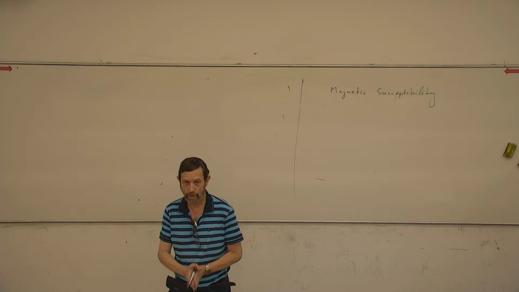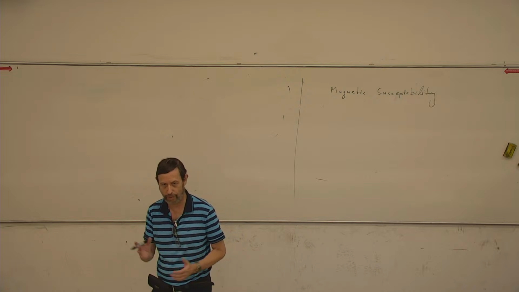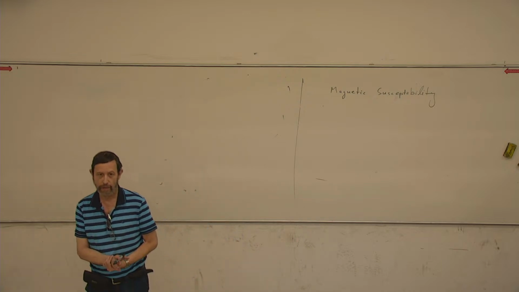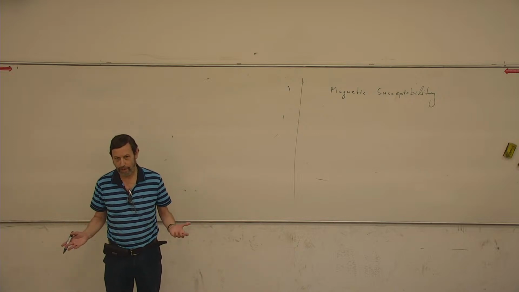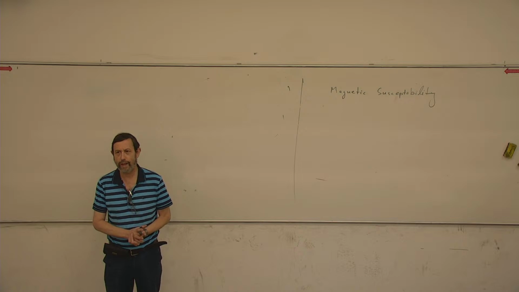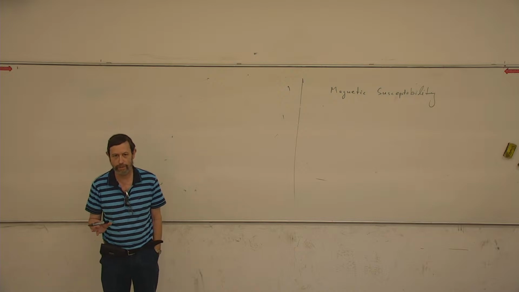We will not touch upon how the ions respond to the magnetic field. Okay, so we simplified our problem. But even for electrons, we have two totally different ways that it can respond to the magnetic field.